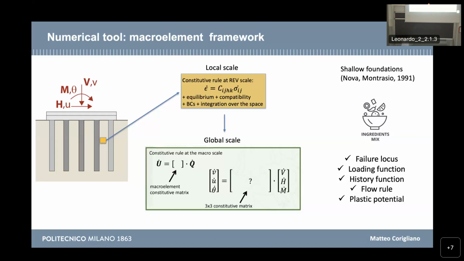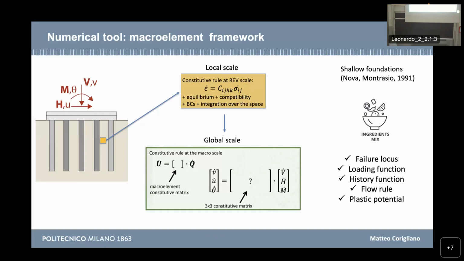So passing from local variables and the necessity of performing, for example, numerical analysis imposing the constitutive rule at the local scale and the boundary conditions, integrating all over the domain spatially.